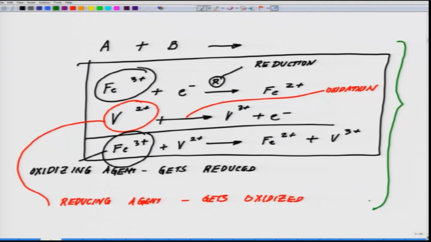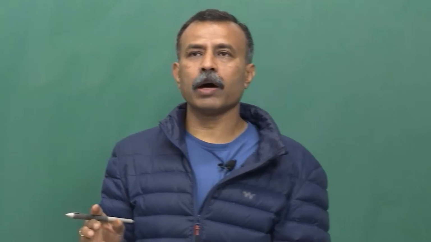Now, how Fe3+ could accept an electron and how vanadium could throw away an electron, this part is determined by the fact that every material has a power, either you can call it in terms of its reducing power or in terms of its oxidizing power.